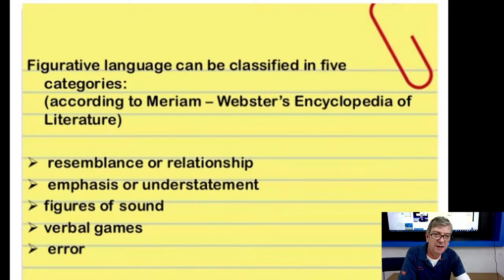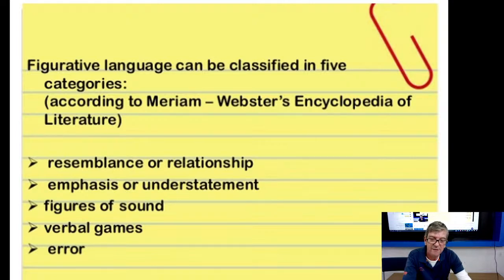So figurative language can be classified into 5 categories. And those are resemblance or relationship. So resemblance, that's basically 2 things that have a lot of similarity. Something resembles another thing, it means it's almost the same. Or there's a relationship, so some other connection.